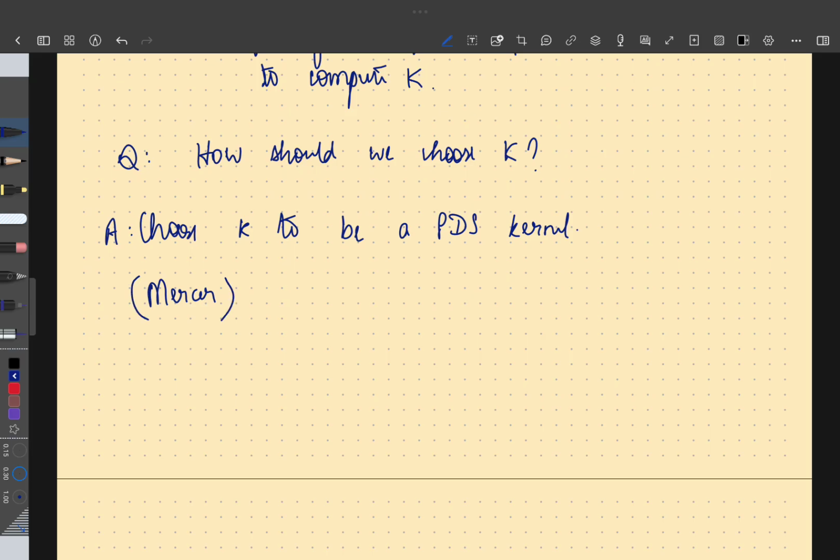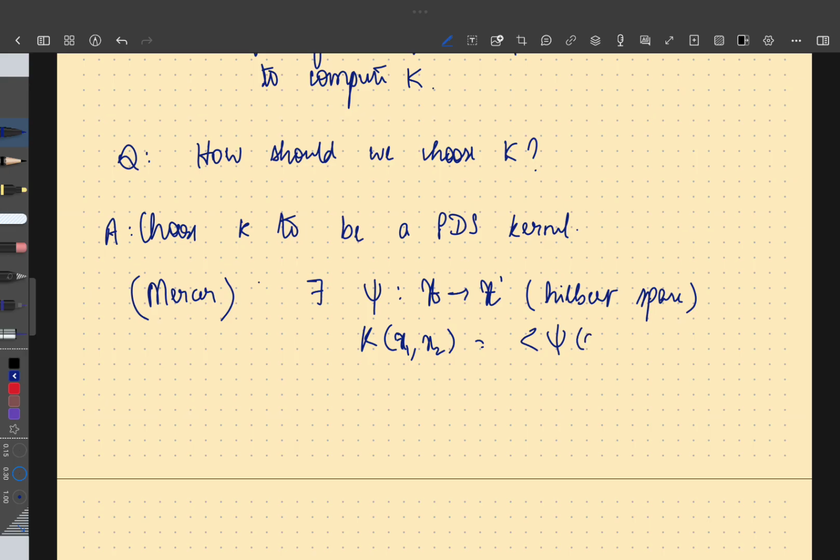So the theorem says that there exists a psi from x to x prime, which is the Hilbert space, with k of x1, x2 to be the inner product between psi of x1, psi of x2, if and only if k is a PDS kernel.